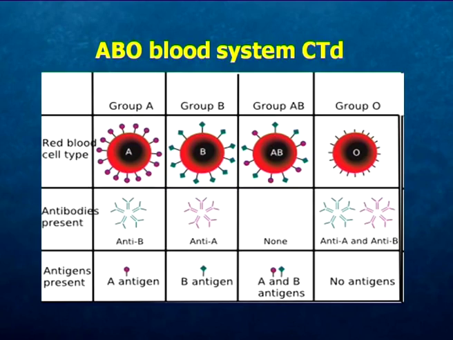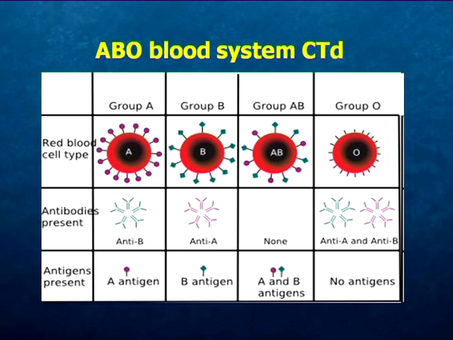Now the first one is the red blood cell type. Then you have the antibodies present and then antigens present. Now group A, the first figure, indicates where you have only A antigens on its RBC.